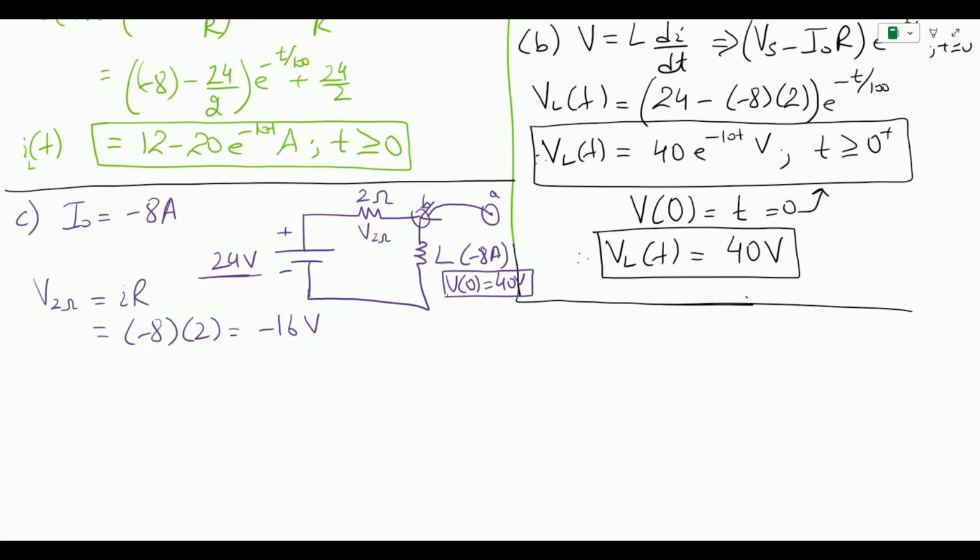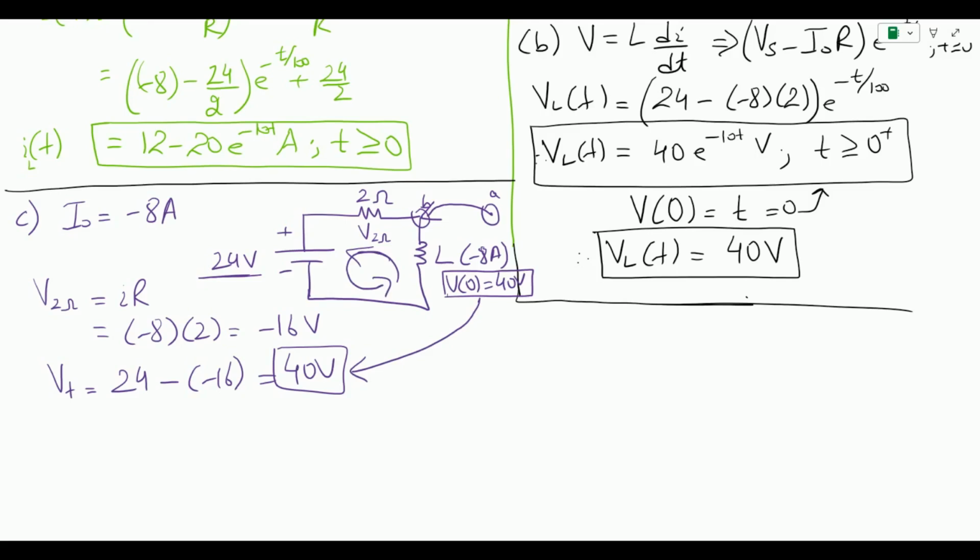So initially minus 16 volts was circulating in this direction, and when we compare the total voltage available in this circuit, V total comes out to be 24 volts minus minus 16, which is 40 volts. So the initial value of 40 volts is the same value available throughout this circuit.